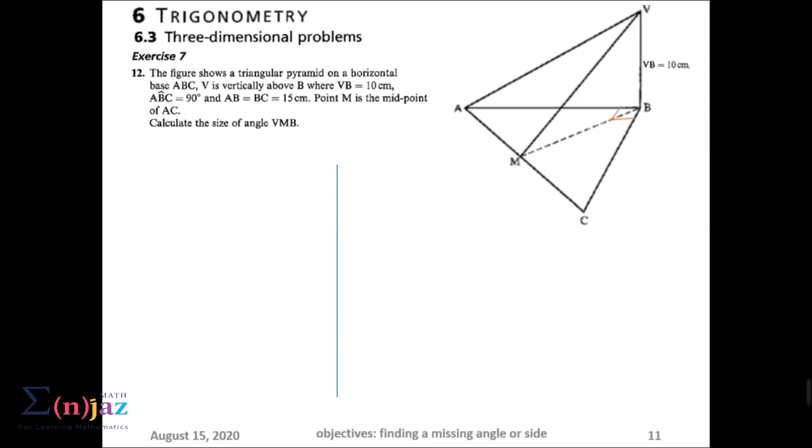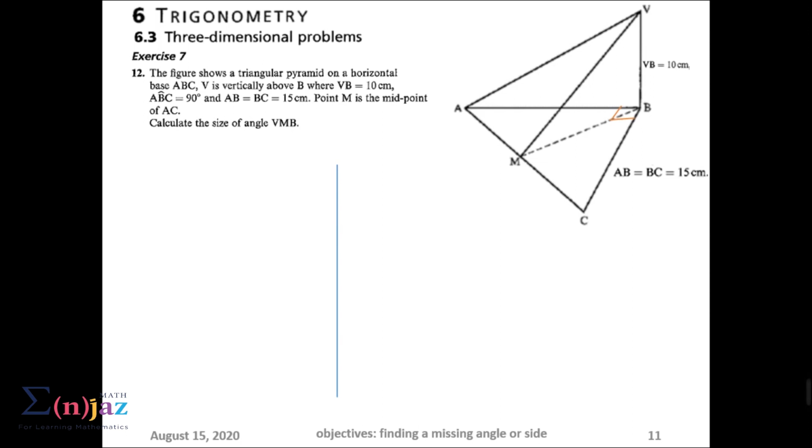This angle, ABC, which is on the floor, is 90 degrees, as it is given to us in the question. The length of CB is equal to the length of AB, which is 15 centimeters.